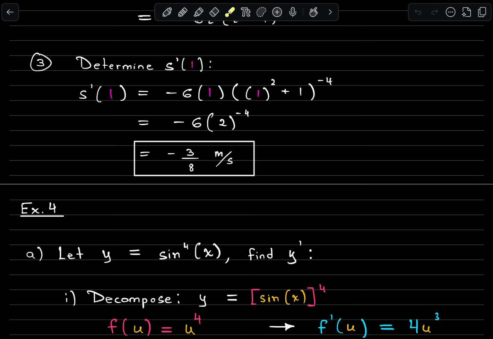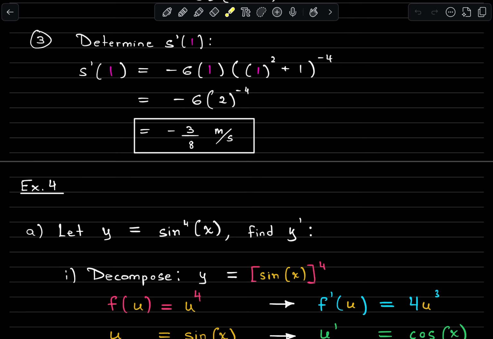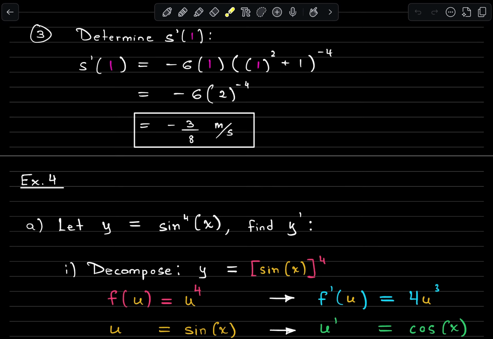So u to the 4th is our f of u, with u being sine x. When we differentiate the outside, we're going to get 4u to the 3rd power by power rule. The derivative of u is just going to be cosine of x by the derivative rules that we saw.